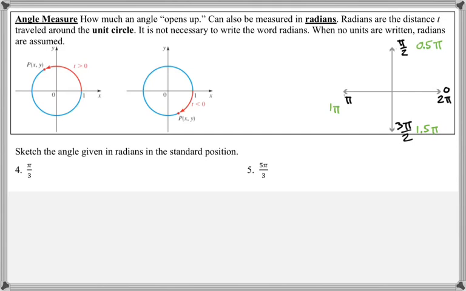So when we're sketching these angles, pi over 3 is the same thing as 0.3 repeating pi. So that's going to be in quadrant 1.